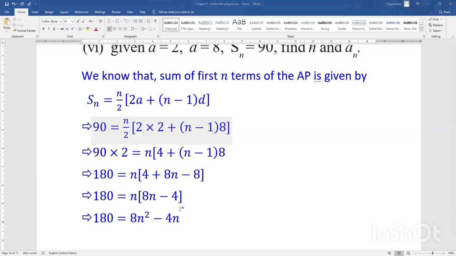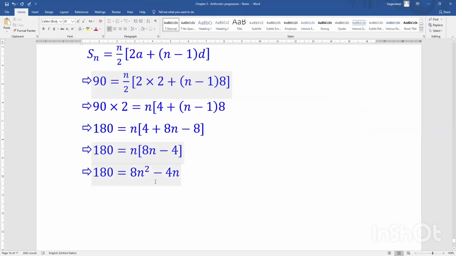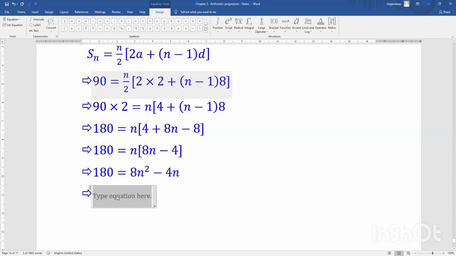Now if we transpose all to the right hand side, I make sure that all of them should be positive. So that's why 180, if I shift it to the right hand side, we get 0 equals 8N square minus 4N minus 180.